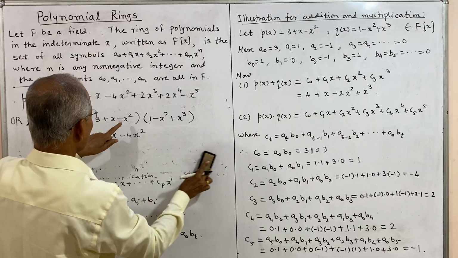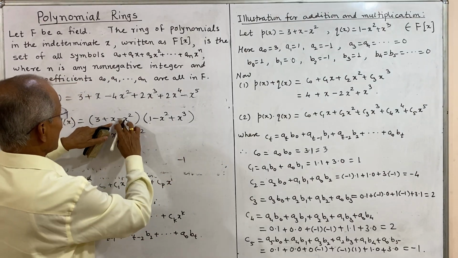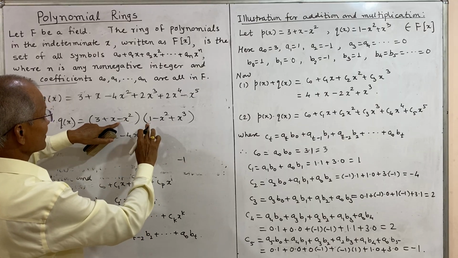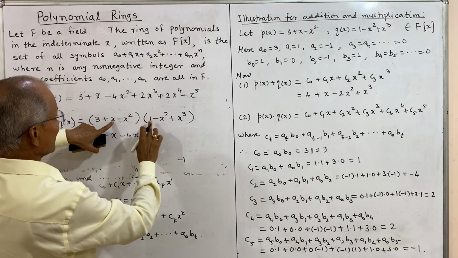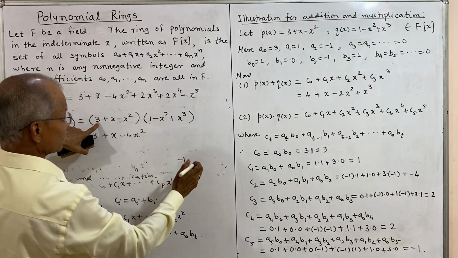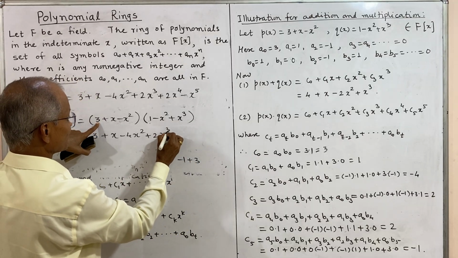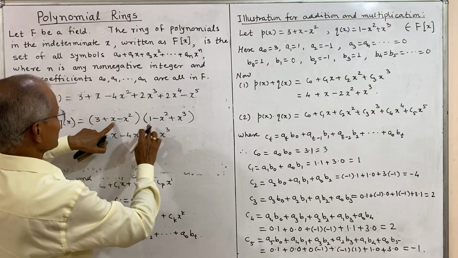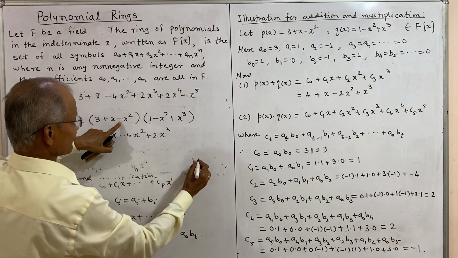For x cube, x into x square, that is minus 1, and x cube into 3, that is plus 3, so which is plus 2x cube. For power 4, you observe x into x cube, that is 1, and minus x square into minus x square, that is plus 1.